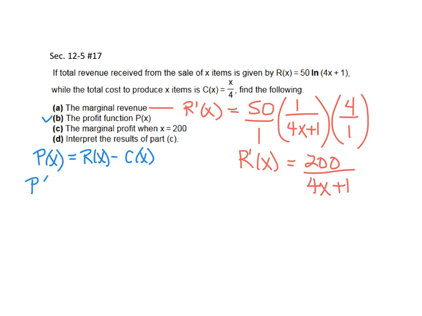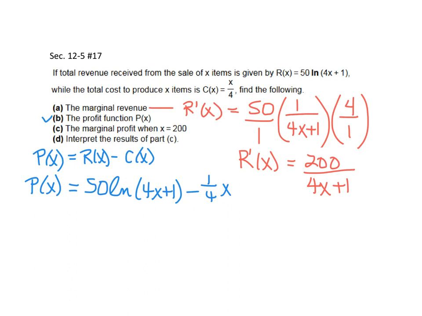So the profit is given by the function 50 ln, quantity 4x plus 1 minus, and rather than write that as x over 4, I'm going to call that 1/4 x to remind you that that's really a coefficient of 1/4.